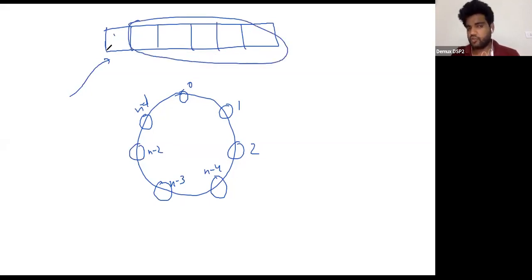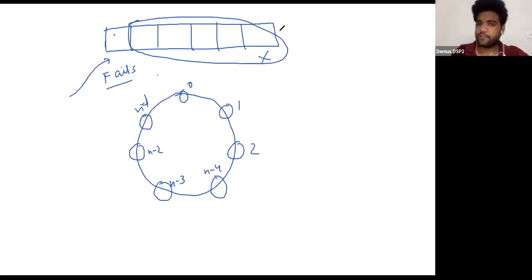But if you choose to rob house 0, then you cannot rob n minus 1 also, right? Because now 0 is also considered adjacent to n minus 1. So that's where the previous decision fails. So we have to think of something else.